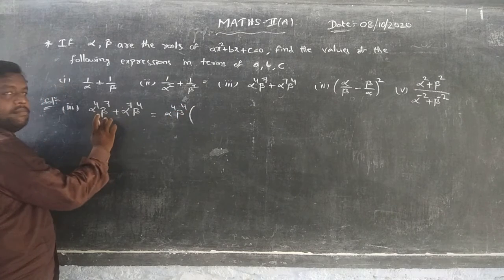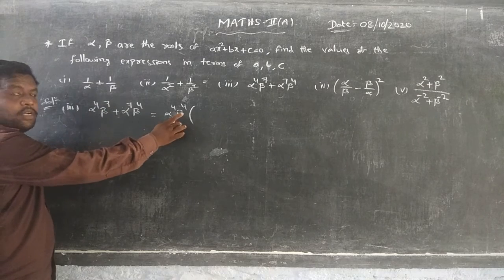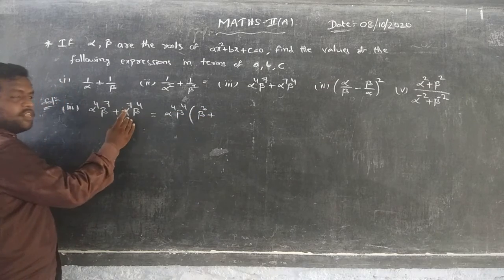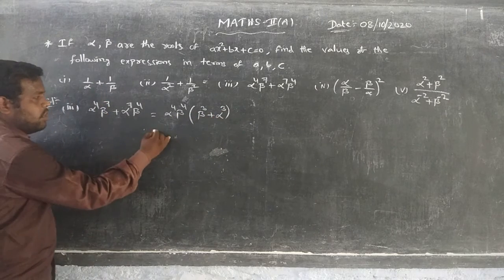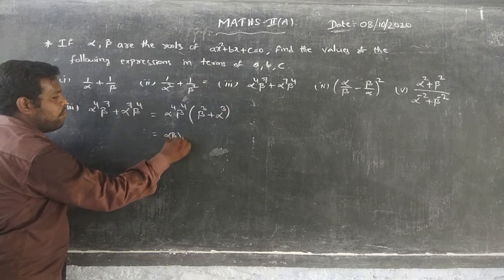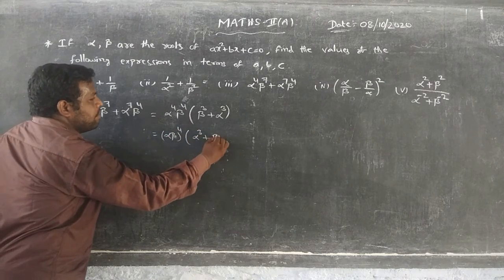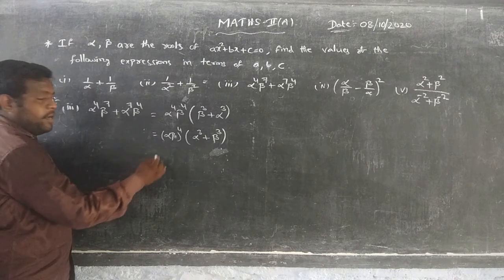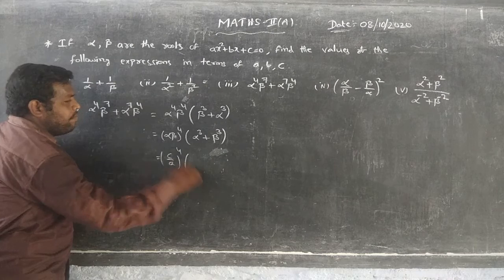Taking it out, the remaining terms are beta cube plus alpha cube. That equals alpha beta whole power 4 into alpha cube plus beta cube. We know that alpha beta, the product of the roots, is c by a, whole power 4.